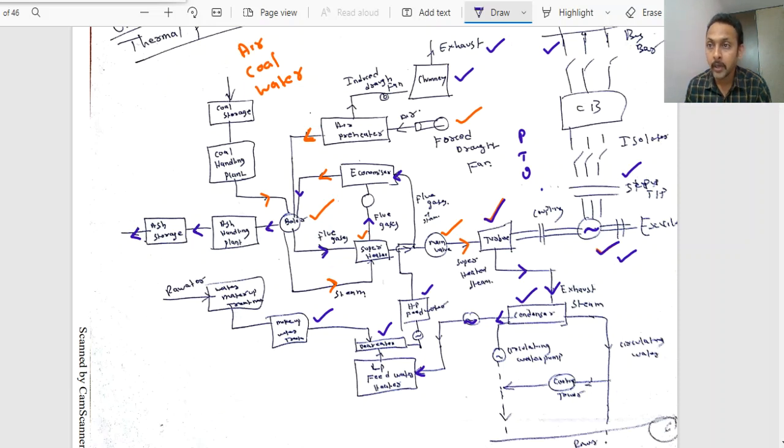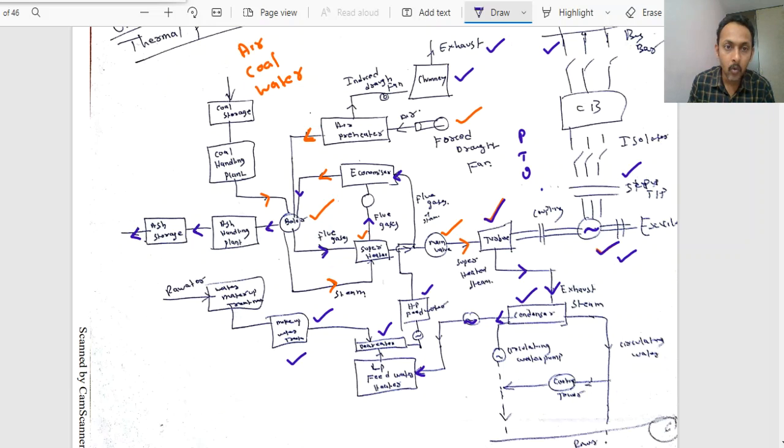We have to convert this steam back into water again, and that water will be used again and fed back to the boiler. During this entire process, where water got wasted in the form of vapor or in some other form, that is to be added additionally with the help of the makeup water treatment plant.